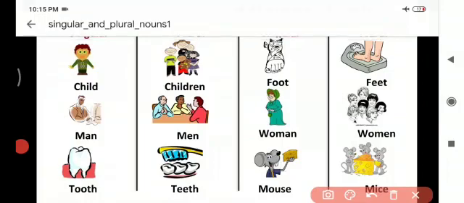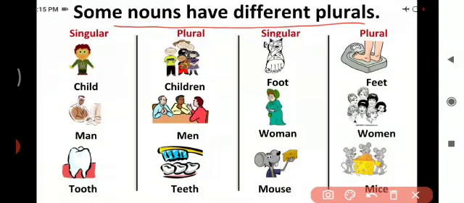So next one is some nouns have different plurals. See, in this one we don't have any s or es at the end of the word, right? So these are nouns which have different kinds of plurals. Shall we see one by one? See here, only one child, here children. We are not adding any s or es at the end.